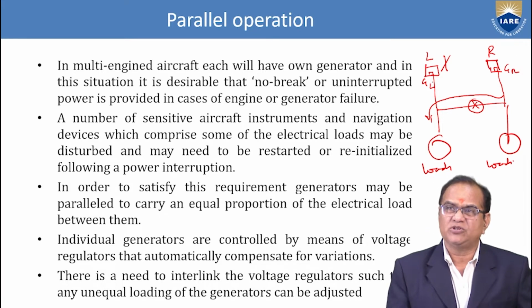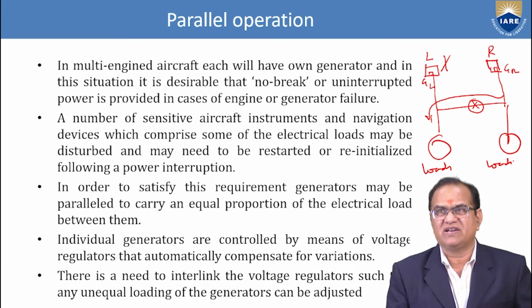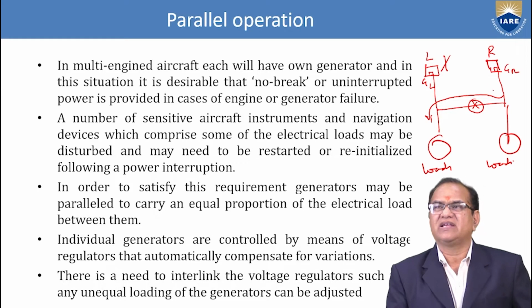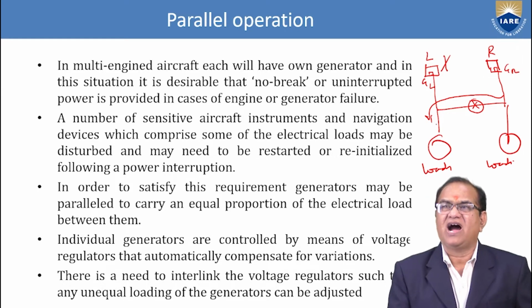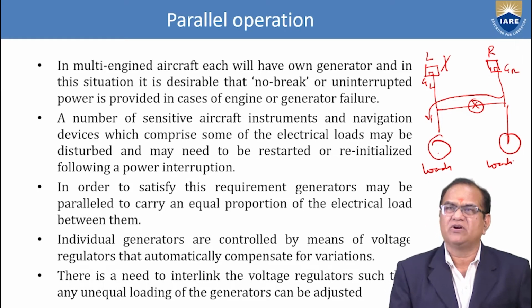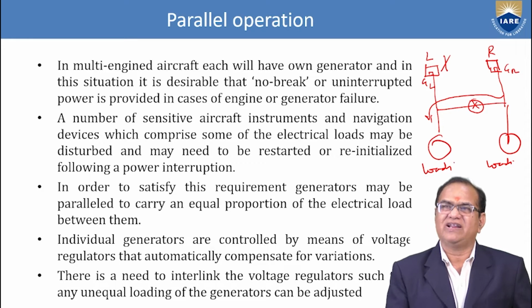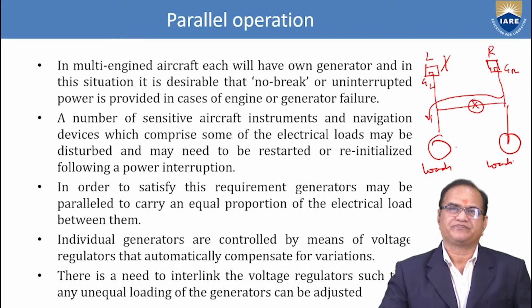If both generators, left and right, are working, or if any one has failed, the working generator has to take over and supply sufficient power uninterrupted, without any problem, to the different systems of the aircraft, and every system has to work as per the required standard of the flight.